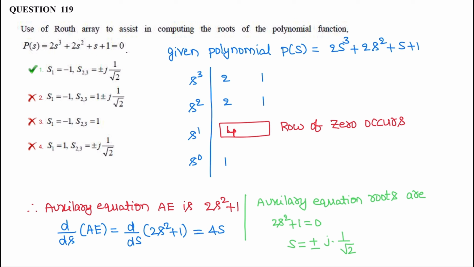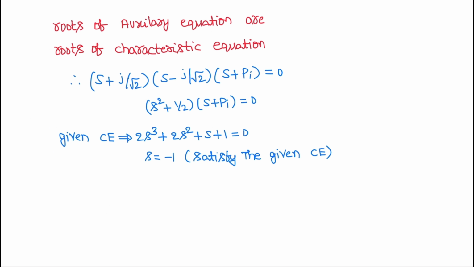These are the two roots, and the third root we need to calculate. The roots of auxiliary equation are the roots of the characteristic equation. Using this condition, s plus j 1 by root 2, into s minus j 1 by root 2, into s plus p. We need to calculate this root p.